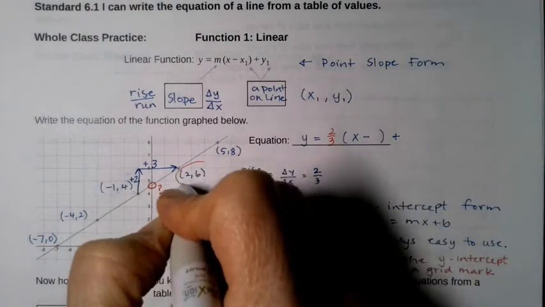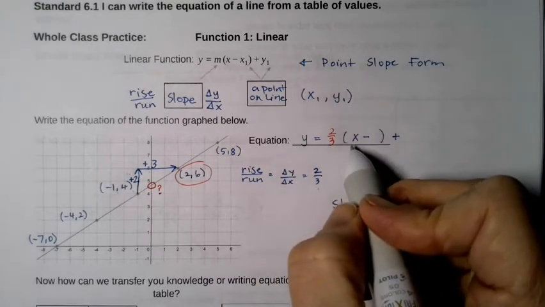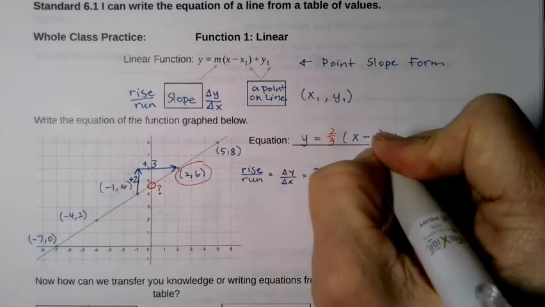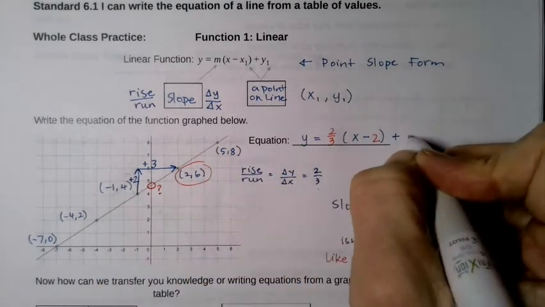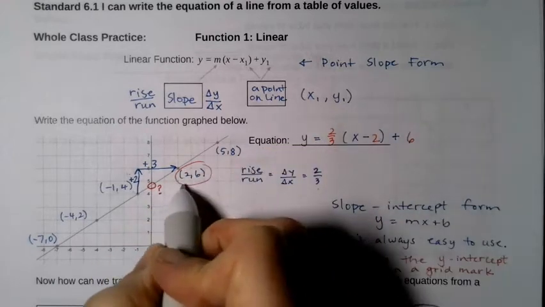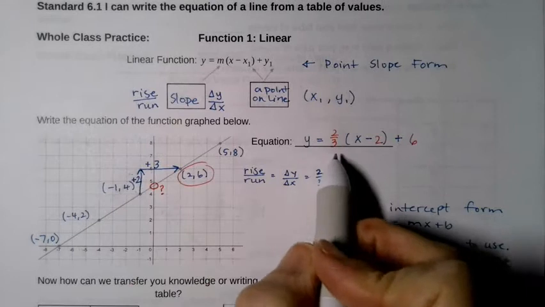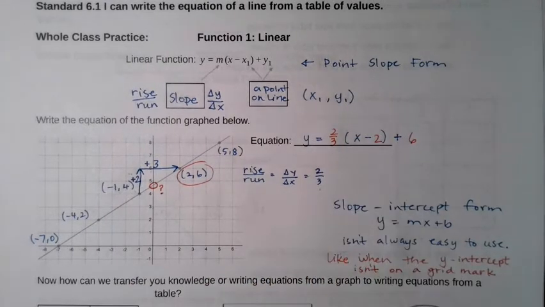So let's just take the point 2, 6. It would be x minus 2 and plus 6. This is just kind of like the h, k value that we had when we did vertex form of quadratics, with that built-in negative there. So this is the equation of this line.